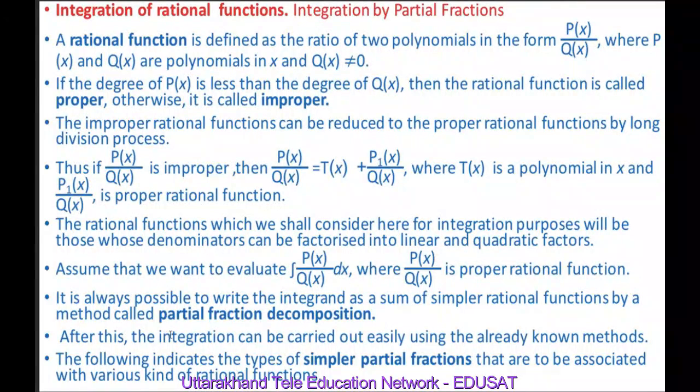So it is always possible to write the integrand as a sum of simpler rational functions by a method called partial fraction decomposition. And after finding the partial fraction of this rational function, we can easily carry out the integration of this given rational function.